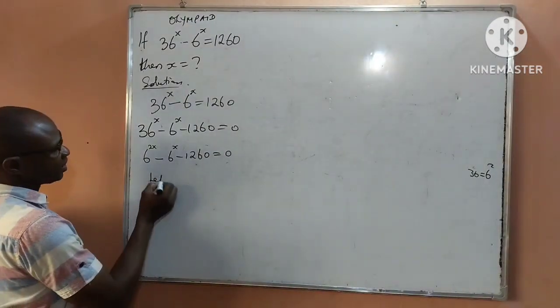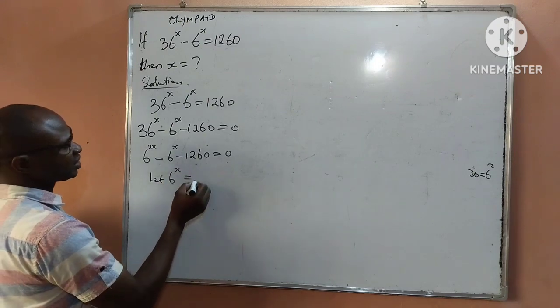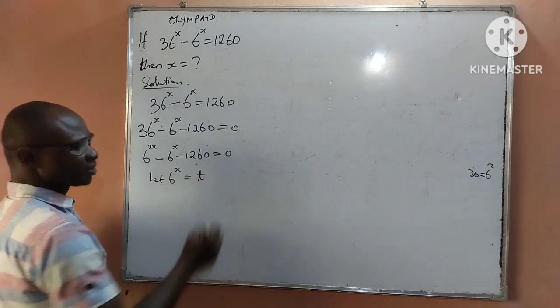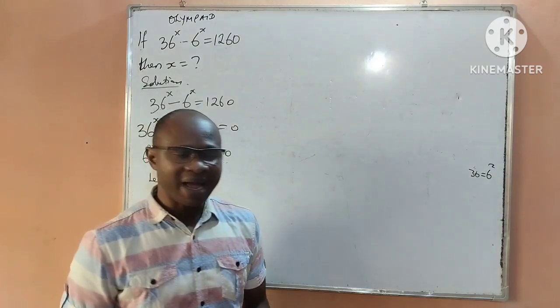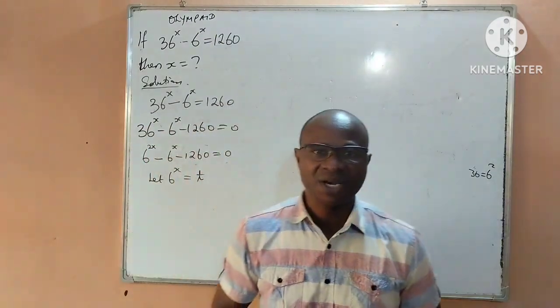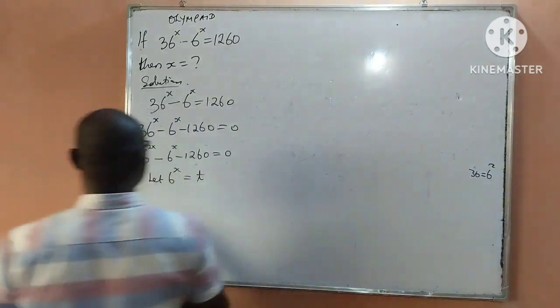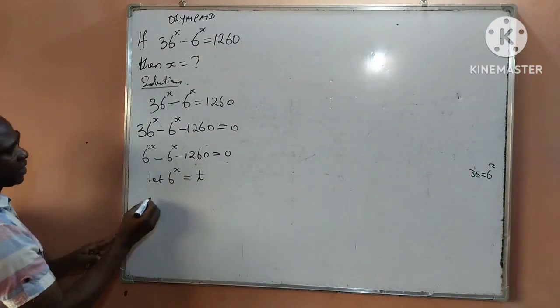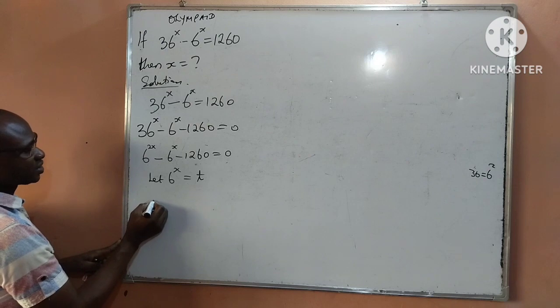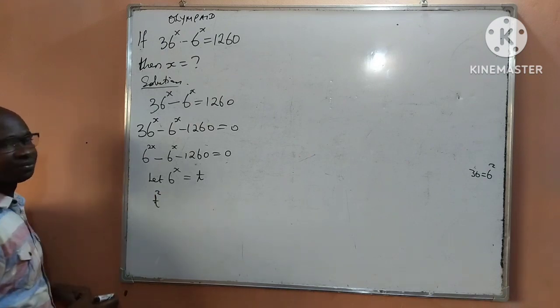Let 6 raised to power x be equal to t, okay? That means anywhere I see 6 raised to power x, I will represent it as letter t. Therefore, here I have 6 raised to power 2x, which becomes t raised to power 2.